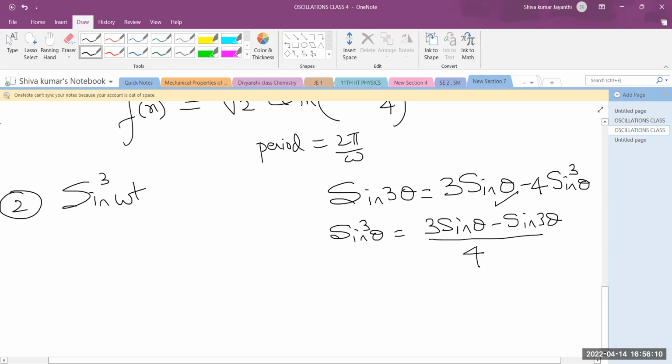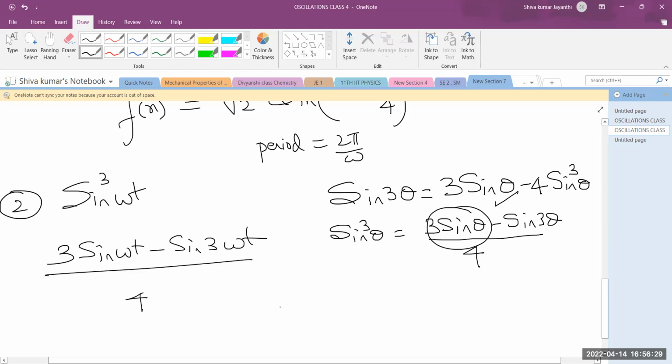Each has different periods. See the first one, what is the period of this? It is as good as writing 3 sine omega t minus sine 3 omega t by 4. What is the period of sine omega t?